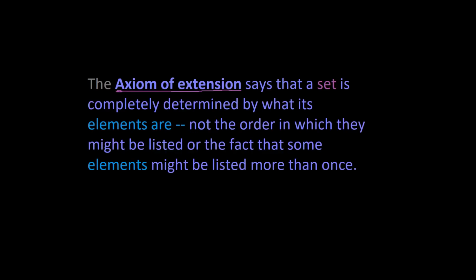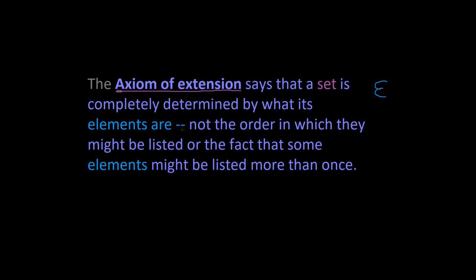The axiom of extension says that a set is completely determined by what its elements are. And so what does it mean to have its elements? We just learned earlier that this symbol means elements, and we also learned some examples of what being an element is.